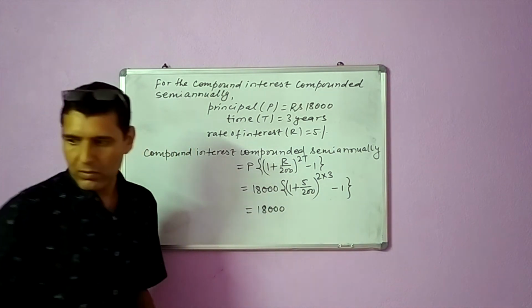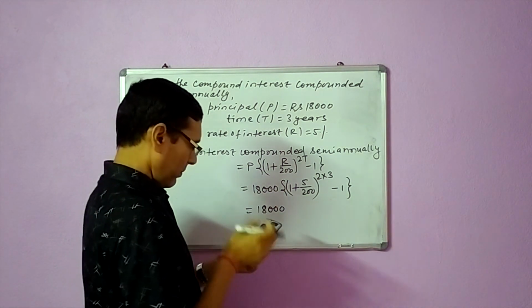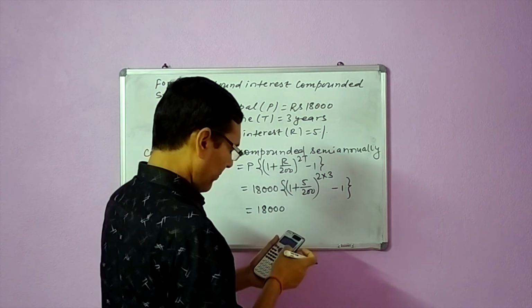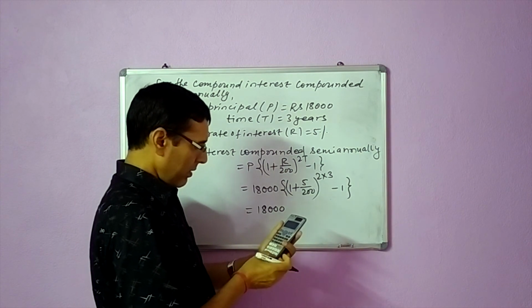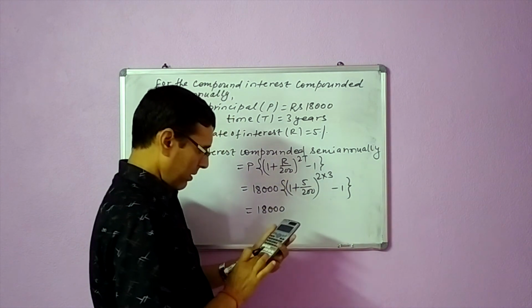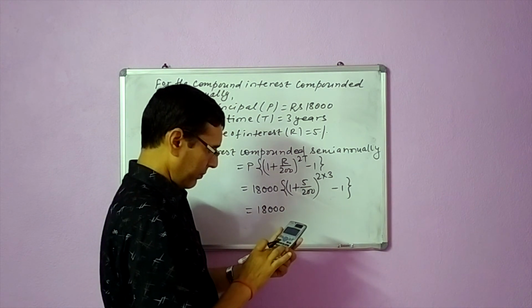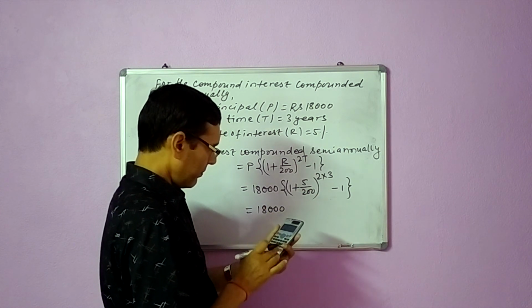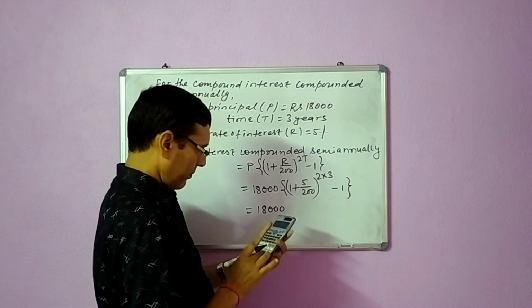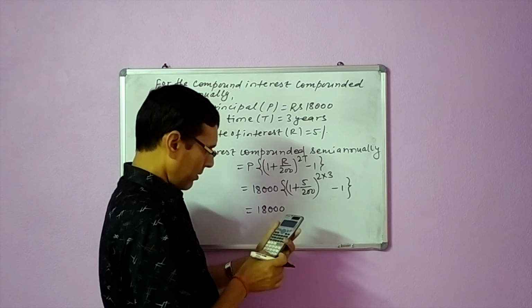So after simplifying this, we get (1 + 5/200) to the power 6, and we have minus 1 also.